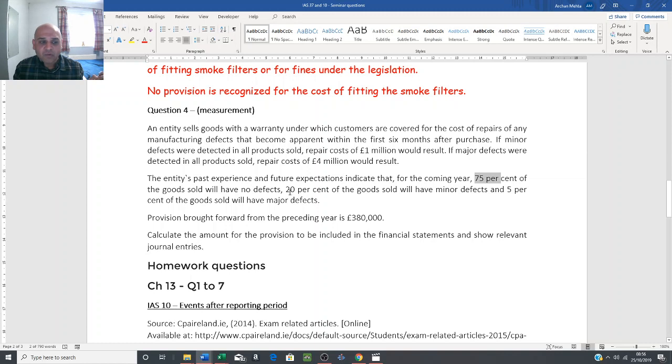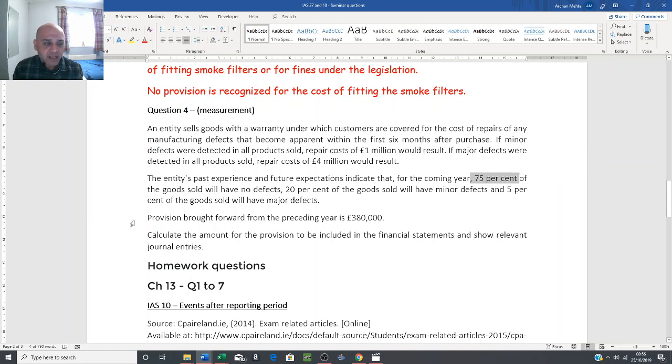So we multiply the probability of 20% with the cost of repairing minor defects if all the products come back with minor defects. That will be 20% multiplied by 1 million, 5% multiplied by 4 million, and 75% multiplied by 0.